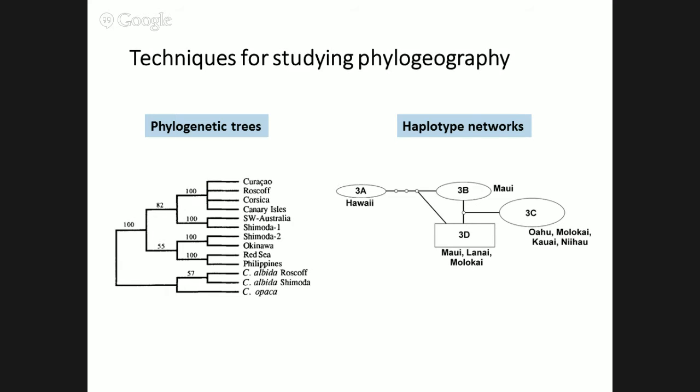So perhaps, for example, down here, we have a series of sequences that we've collected from samples from Maui, Lanai, and Molokai. They're identical to each other, and so they group together. They're a single haplotype. And you can see how closely related that haplotype is, say, to this one over here. These little open circles here indicate the number of nucleotide base changes between the sequences. So the more circles you have between them, the more distant the samples are from each other. So it's just a different way of depicting the data.